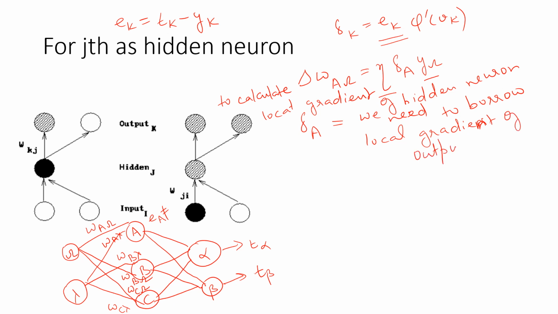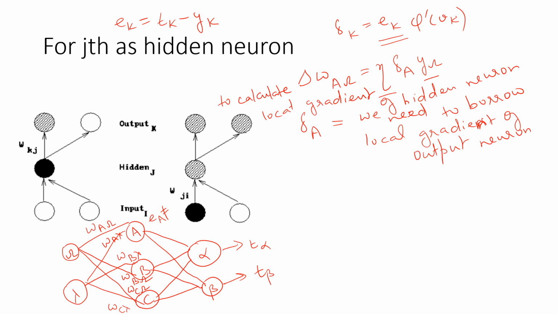Okay, because the errors are available at the output neuron, the local gradient can be calculated at the output neuron only. But now the question is, for whom we will borrow the local gradient.